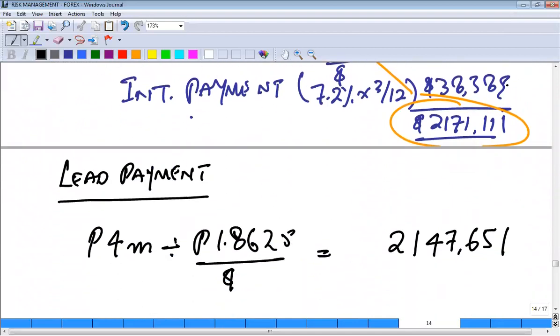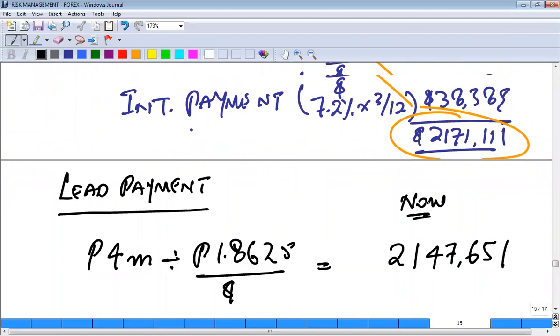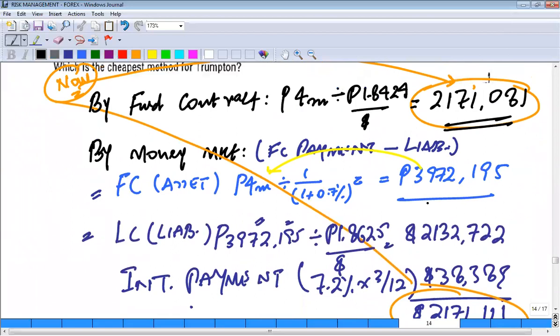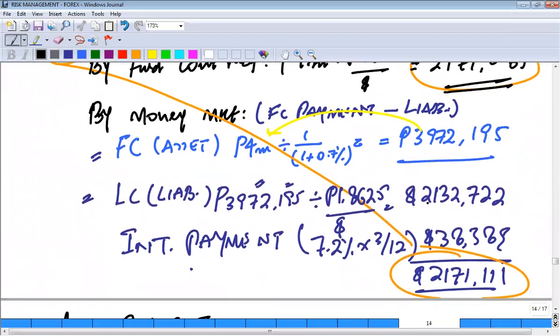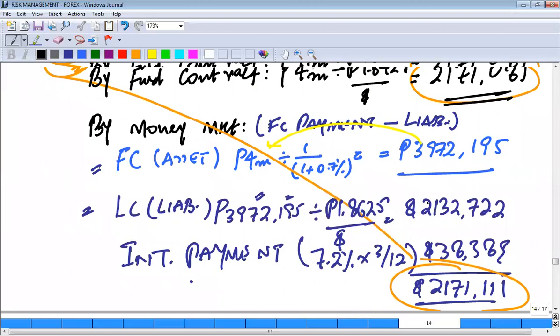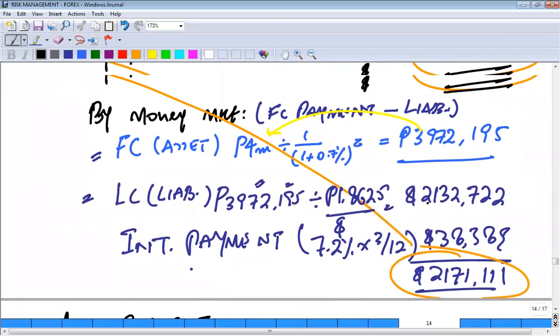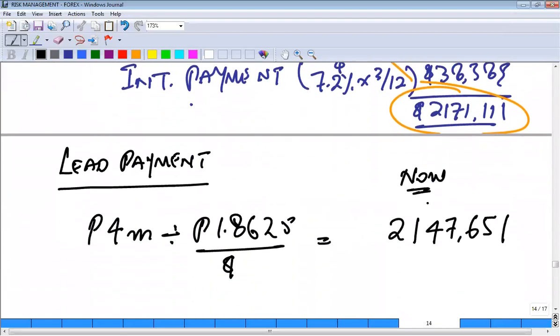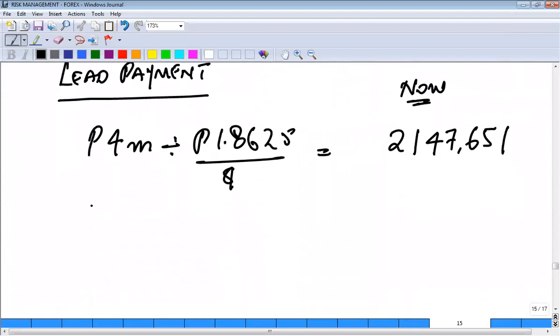But candidates, if we compare forward, money market hedging and lead, the comparison is not like with like, because lead means now and forward and money market mean after 3 months. So if we want to compare like with like, for lead payment we have to attach some opportunity cost, for example interest payment.